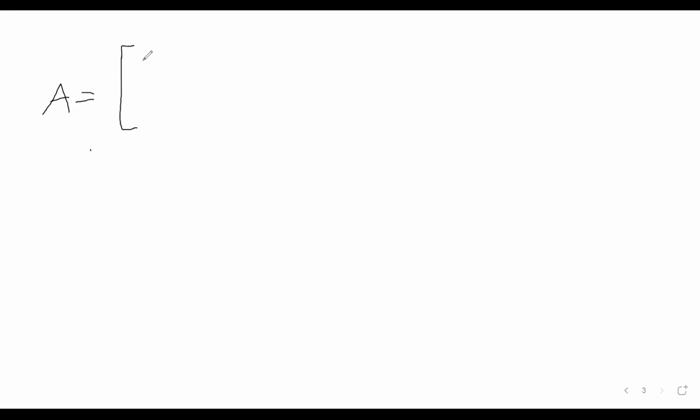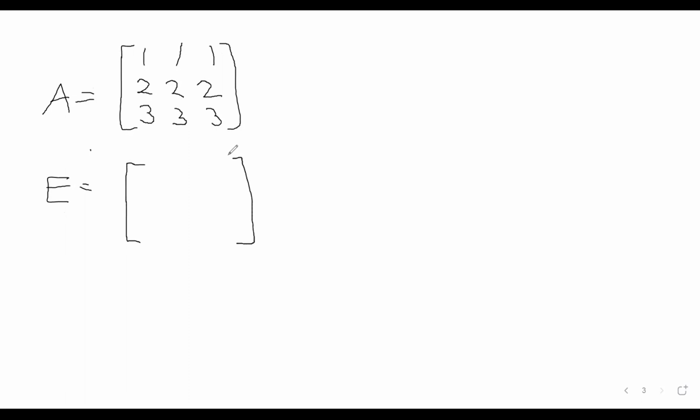which is this: 1, 1, 1, 2, 2, 2, 3, 3, 3. Now let's say the E matrix is the following. I'm going to switch the first and second row of the 3 by 3 identity matrix.